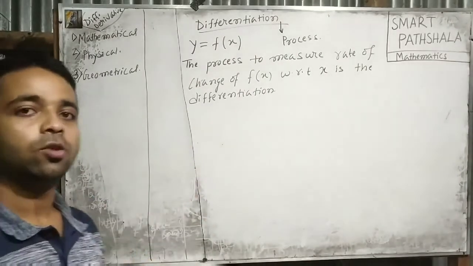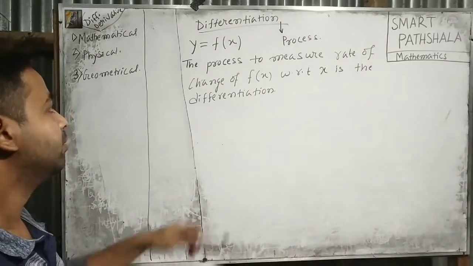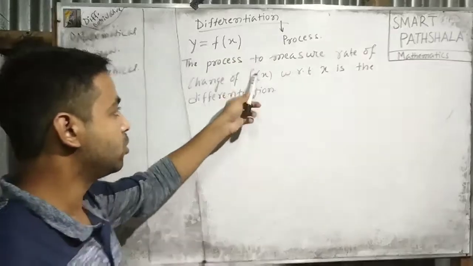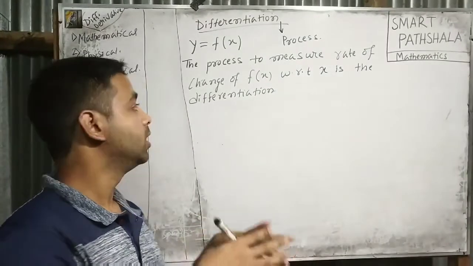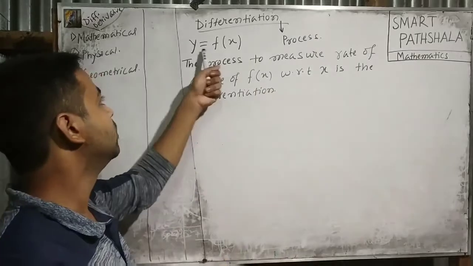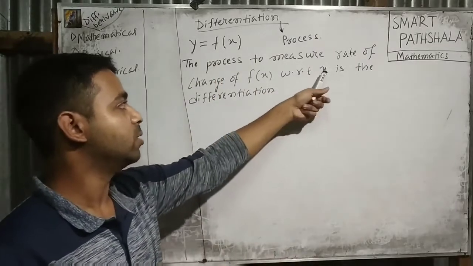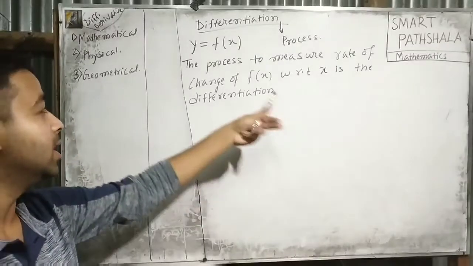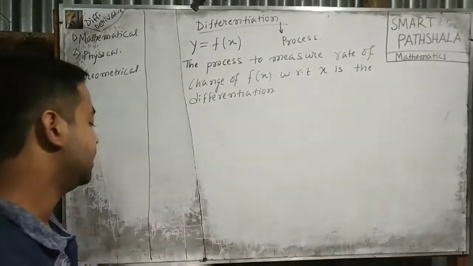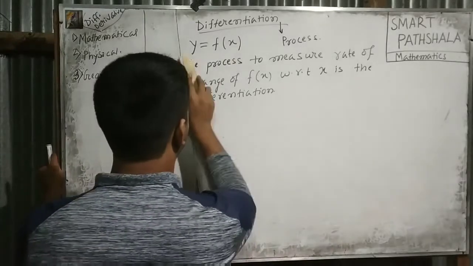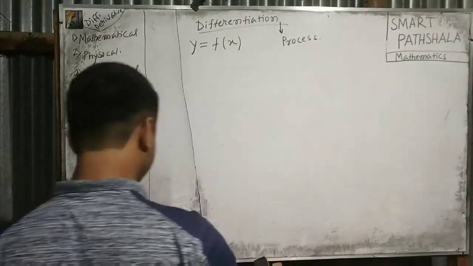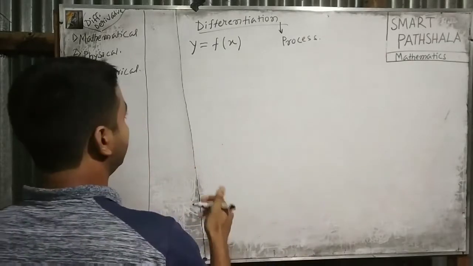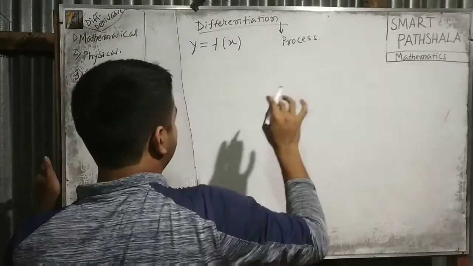Now, not only note it down, but memorize the meaning, because this differentiation is a process to measure the rate of change of the function f of x, or rate of change of this y with respect to x, because x is the independent variable here and y is the dependent variable here. Now, suppose with respect to x, right?